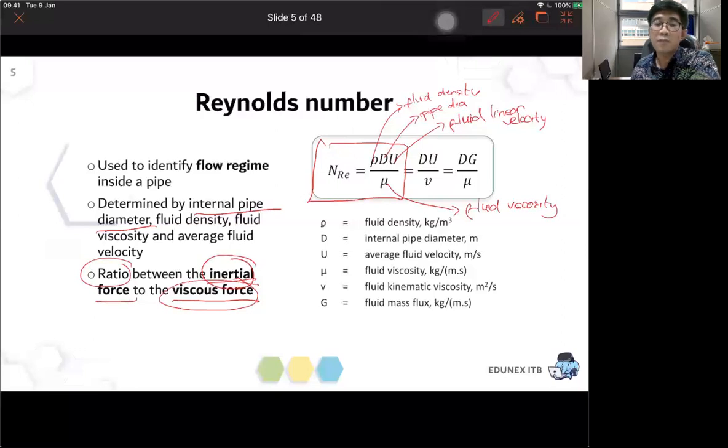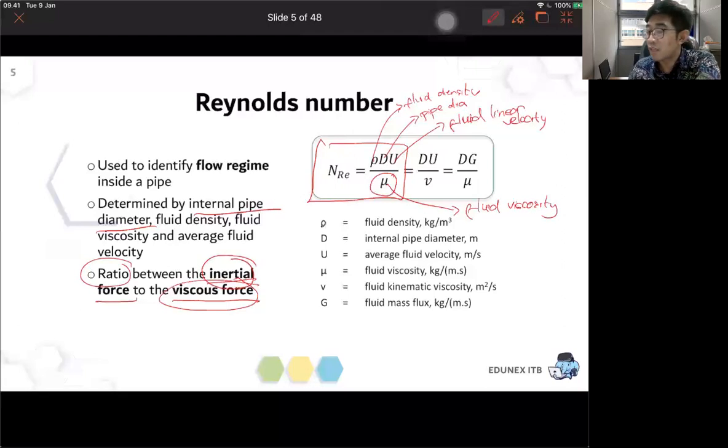But in contrast, the higher the viscous force, the more difficult it is for the fluid to flow. So it is influenced by viscosity. You still remember, right, the definition of viscosity? Viscosity is the parameter that quantifies how easy or not easy it is for the fluid to flow. The higher the viscosity, the more difficult the fluid flows.